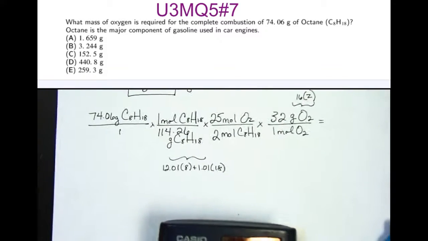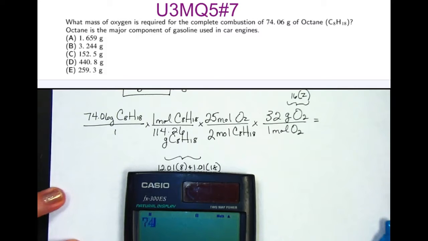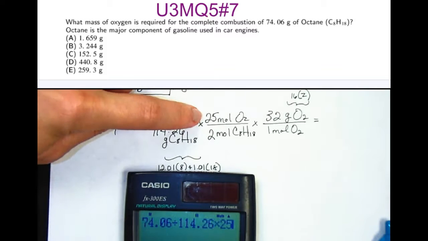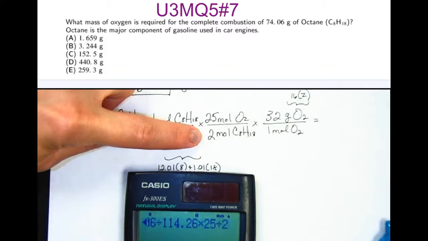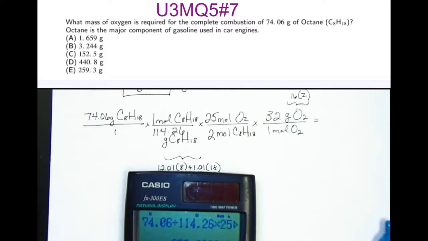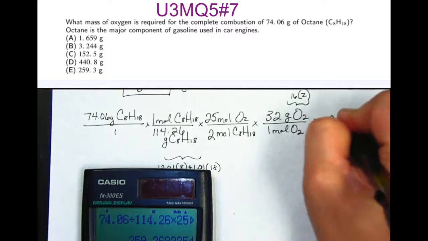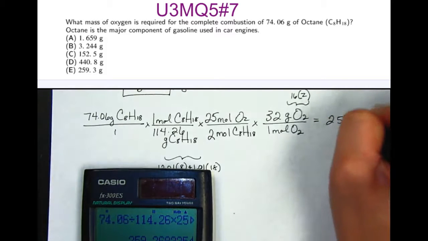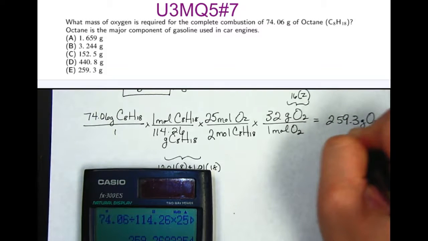When I plug this into my calculator to solve it, I get 74.06 divided by 114.26, times 25 divided by 2, times the 32. And that gives me 259.3 grams of oxygen, which is letter E.